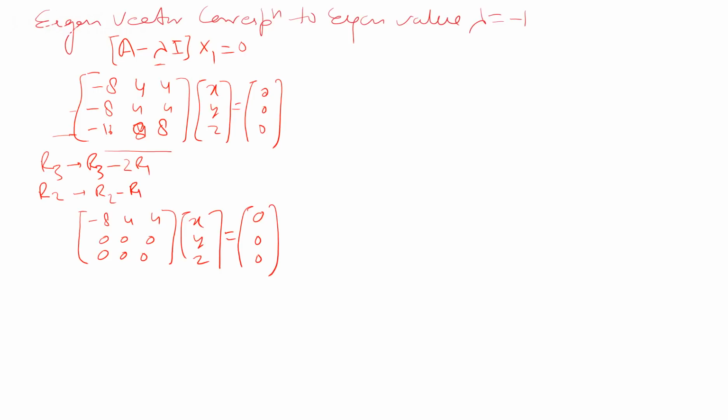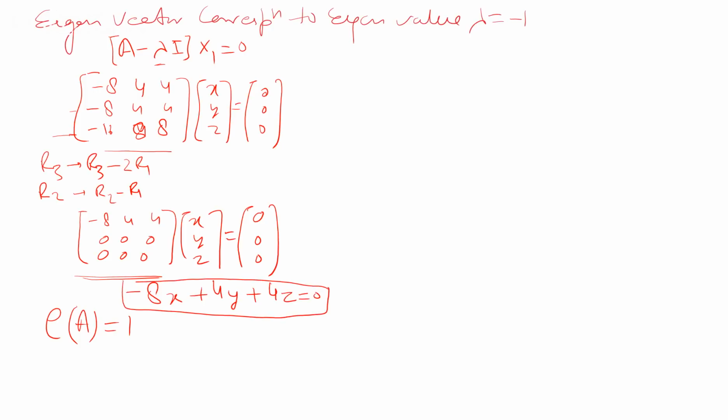So this is a homogeneous system. Now it is reduced to echelon form, and we can say the rank of that coefficient matrix is 1. At that stage we convert into the equation, so we get a single equation, minus 8x plus 4y plus 4z equal to 0. Here the rank is 1 and there are 3 unknowns x, y, z.